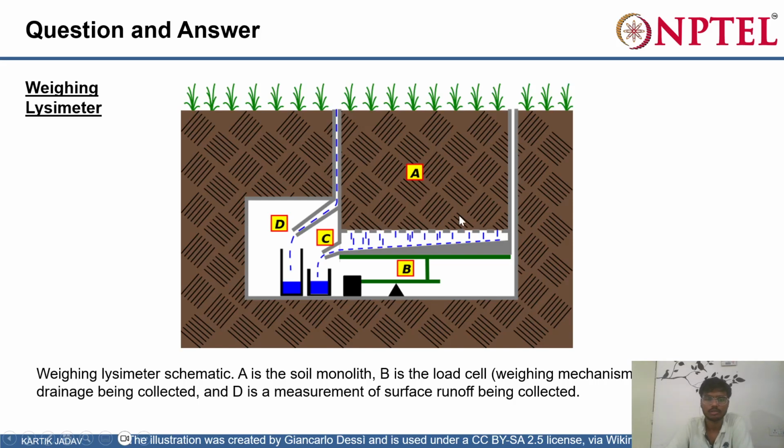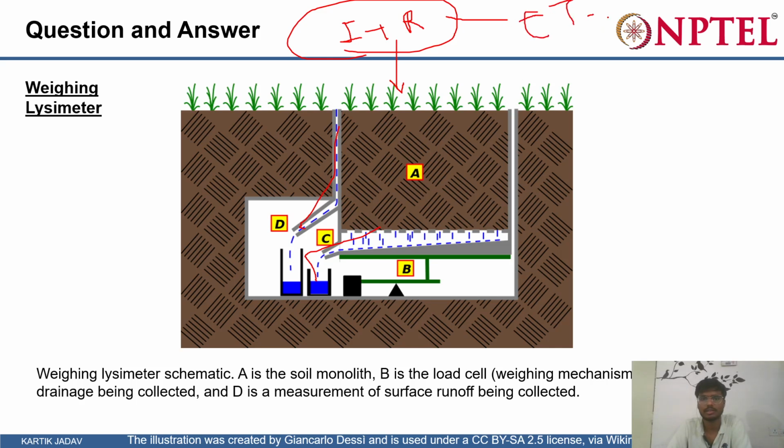Right? So what will happen? We are directly measuring the drainage component and runoff component, and we know what amount of water we are applying as input, either as irrigation or from natural rainfall. By balancing, input minus output: ET, which we are interested in, minus deep percolation minus surface runoff.